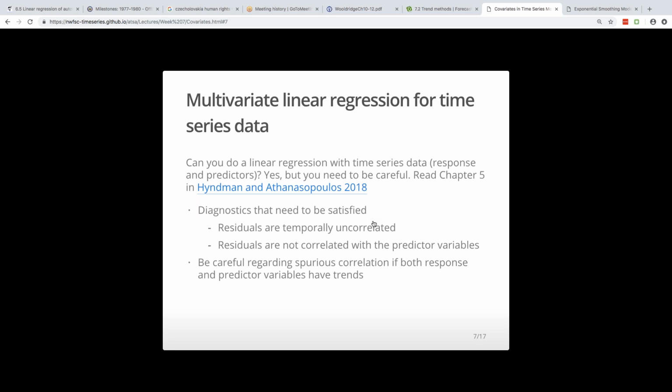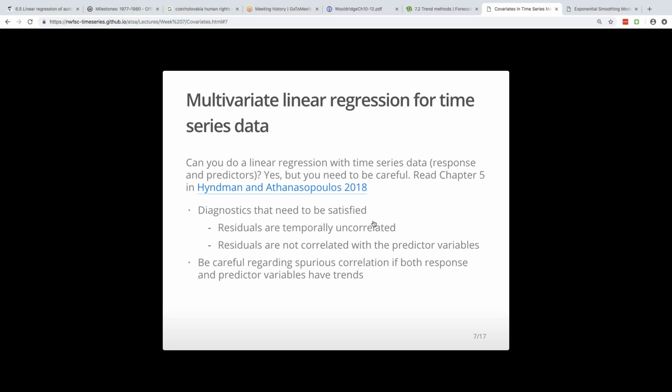Okay, and then you need to be careful about spurious correlation, and how this often arises when we're doing linear regressions on time series data is if our response variable has some temporal trend.